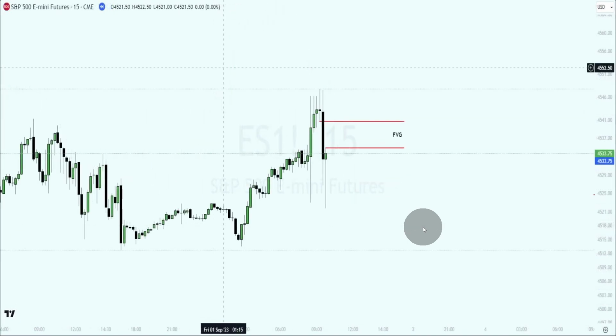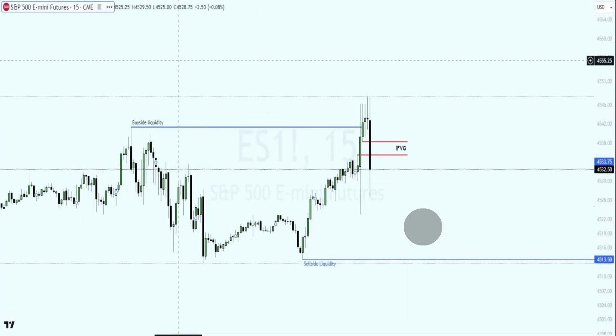Okay, so if we look at the first one, maybe this will help you out a bit, but the first one out of the two is the valid fair value gap, and I'll explain why. As you can see right here, it's all about knowing where price is most likely going to draw to next and then trading in that direction, right?